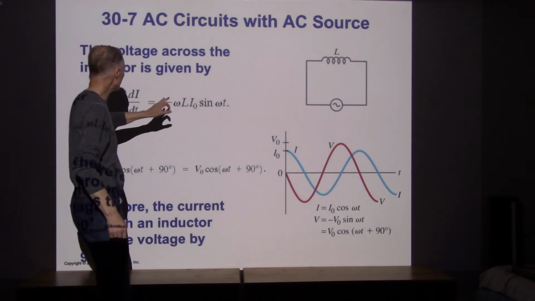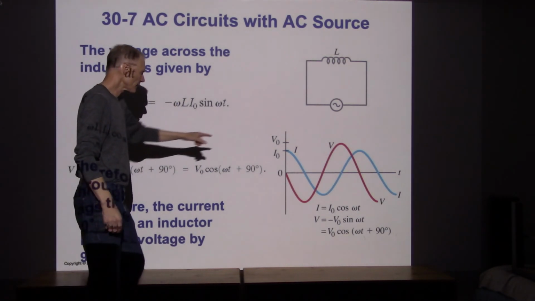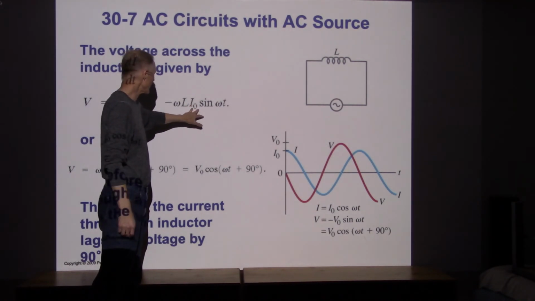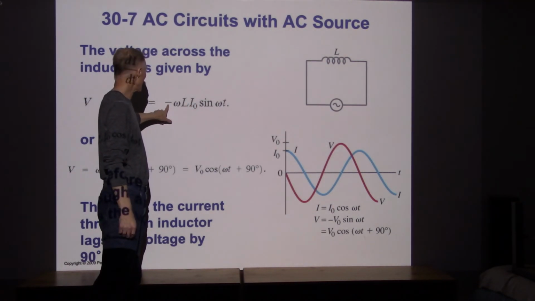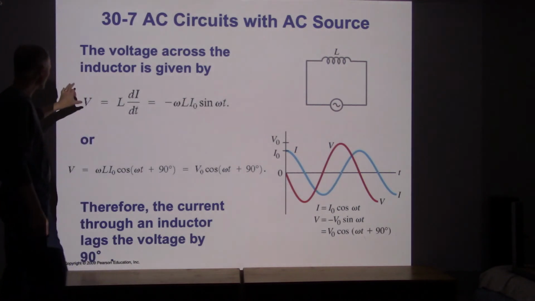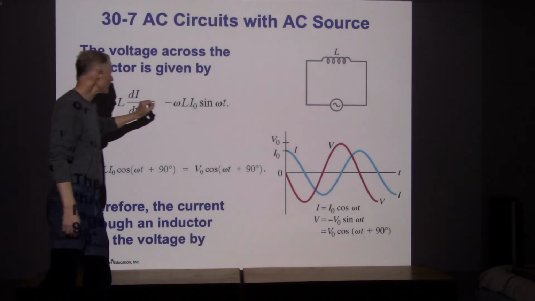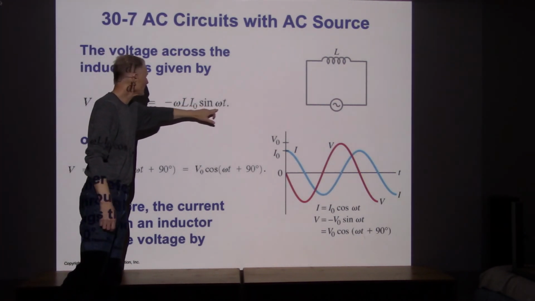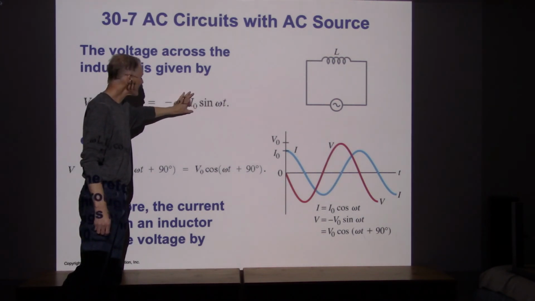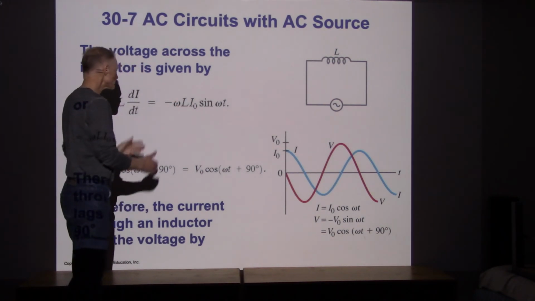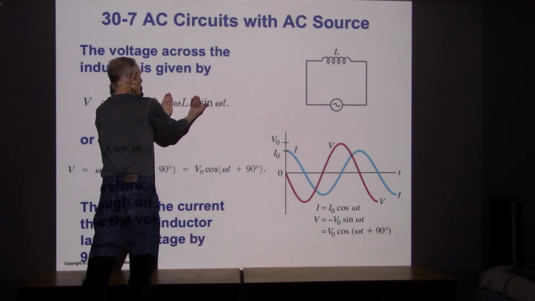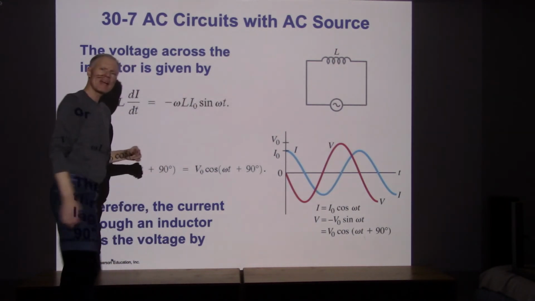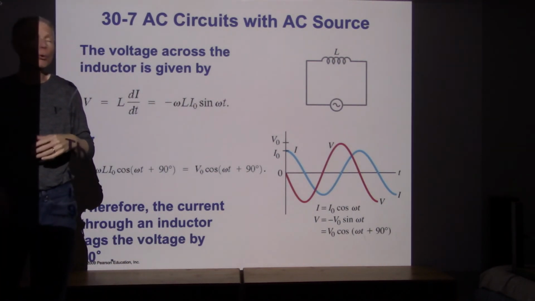So here is that factor of omega. I'm still going to have my factor of I naught, and a minus sign out front. So the voltage is behaving like the sine of omega t. Now, with that current I naught, that omega L is behaving like a resistance.